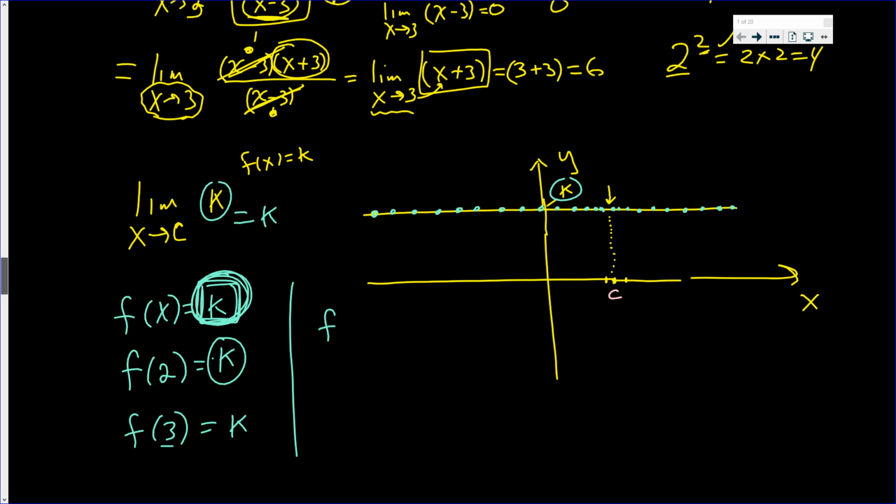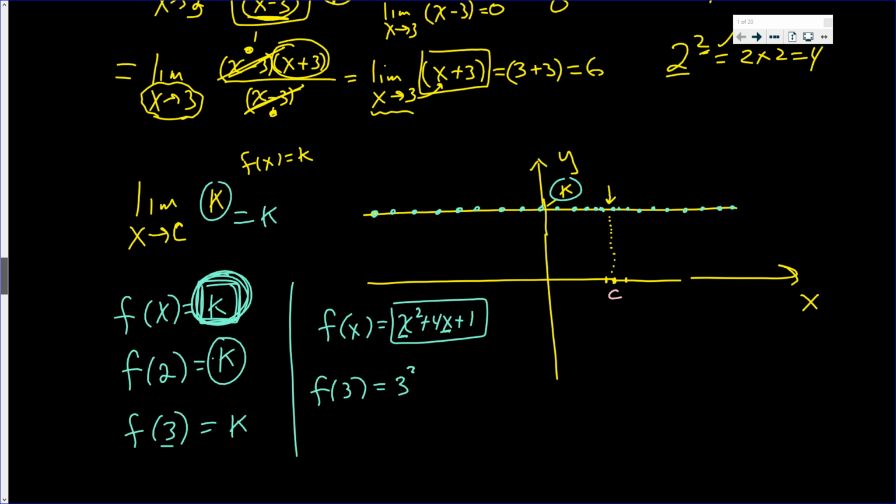Just like if you were told that f of x was x squared plus 4x plus 1. What is f of 3? You're going to write this down exactly the way it is, with one exception. Wherever you see x, you're going to plug in 3.